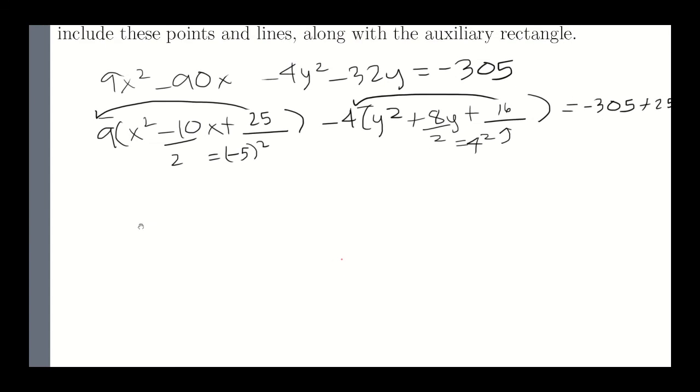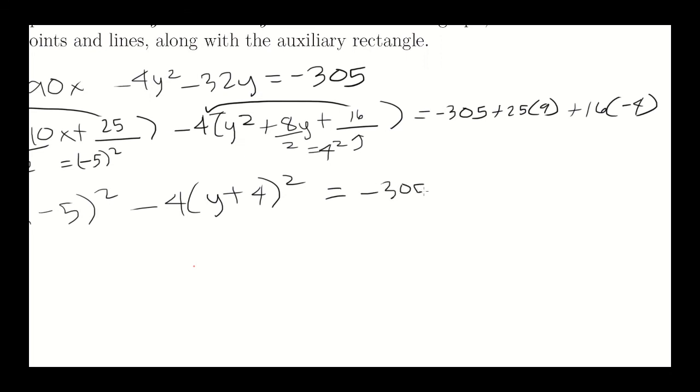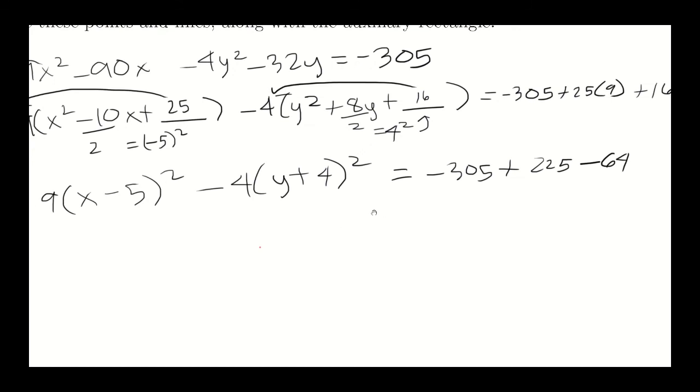Okay, so now we write it, so 9 times (x minus 5) squared minus 4 times (y plus 4) squared is equal to negative 305. 25 times 9 equals 225, and 16 times negative 4 is equal to negative 64.